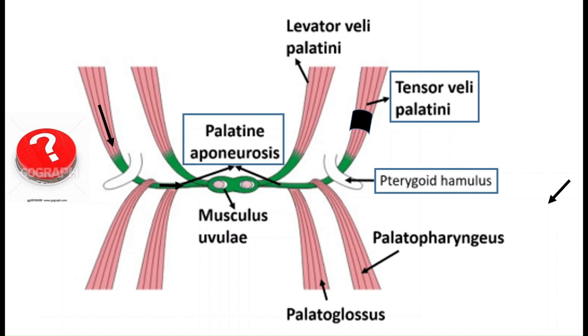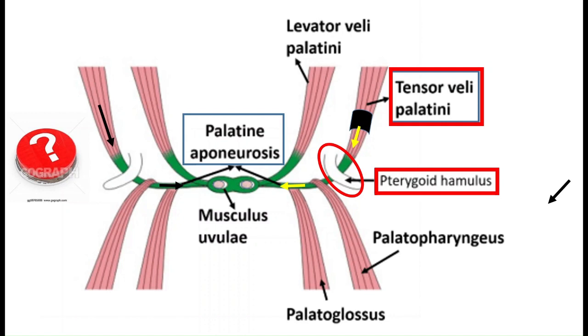As it comes from the base of the skull, it changes to a tendon and hooks around the pterygoid hamulus, the hamulus of the lateral pterygoid plate of the pterygoid process of the sphenoid bone, and as it hooks around this hamulus, the tendon is going to approach the midline and meet the similar muscle of the other side.